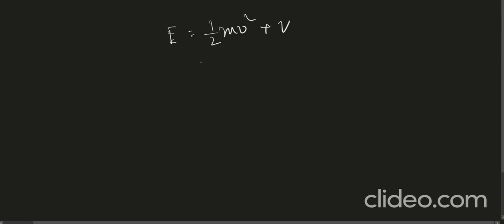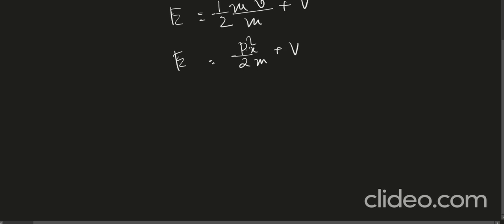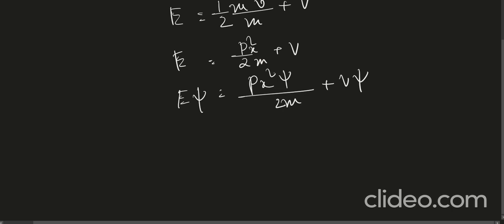Now we express this m square v square as px square by 2m. We consider psi along the x-axis, so that's why we denote the momentum in the x coordinate. Multiplying both sides by psi, we get E psi equals px square psi by 2m plus V psi.